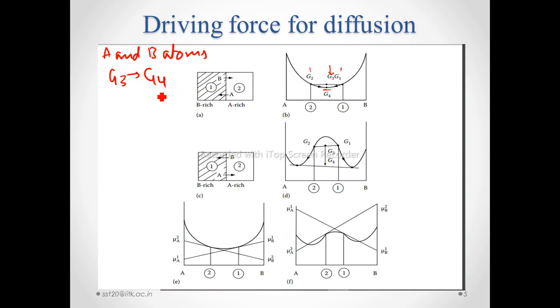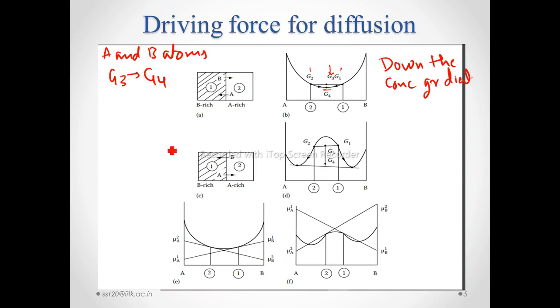So in each and every case like this, the Gibbs free energy reduces only by moving down the concentration gradient. Right? But this is not the only case.